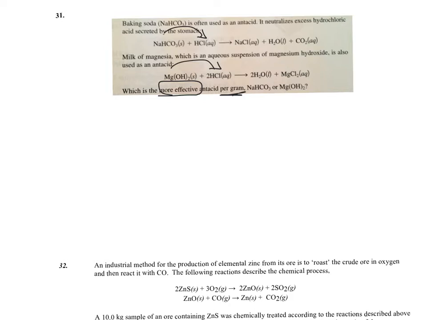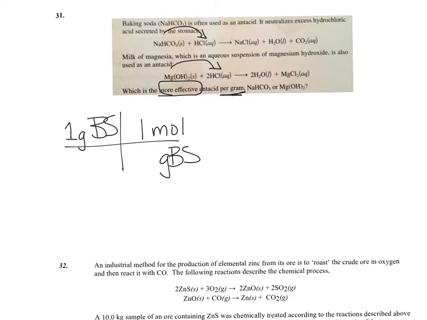Okay? All right, so what you would start with, we need to compare both of them. So I'm going to start with my baking soda, and I'm going to say 1 gram of baking soda. For easy purposes, I'm just going to say baking soda, okay? And then we're going to bring words down to the right. So I'm going to bring grams of baking soda. We need to get it into 1 mole. Looking at all of these, find them up on the periodic table, you would get a molar mass of 83.99 grams.